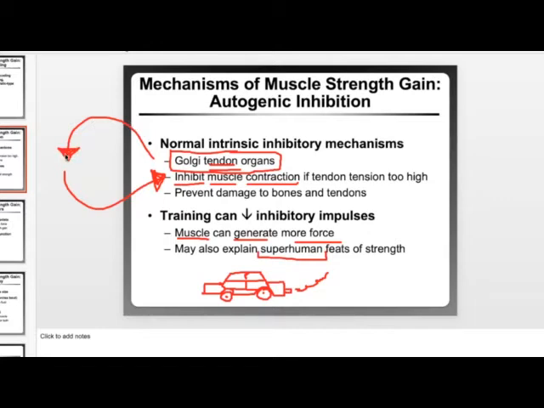If that's the case, their muscles don't relax spontaneously to prevent that damage, and they might be able to lift more weight for a longer period of time. And that's one potential way this reduction in autogenic inhibition to the muscles can explain where people all of a sudden have superhuman strength.